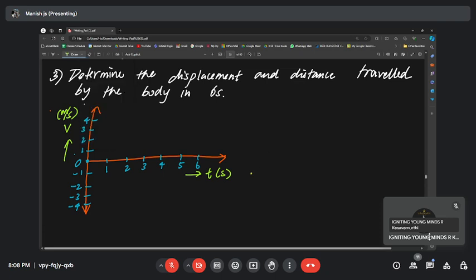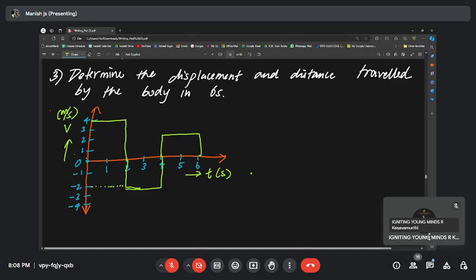It's a straight line like this. It forms a symmetric figure. So this is the complete graph.